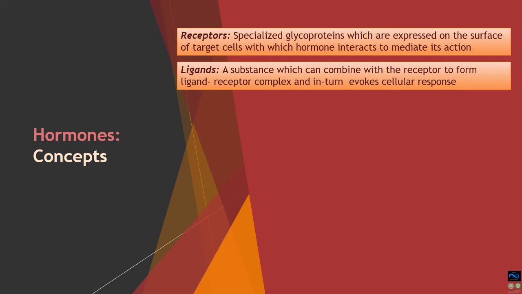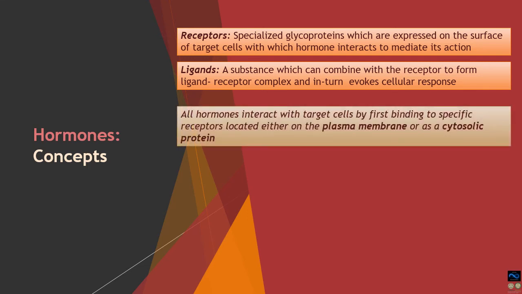Ligands are the substances which can combine with the receptor to form a ligand receptor complex. In biosignaling, ligands are hormones. So in order to elicit a cellular response, ligands or hormones have to bind to the receptor to form a ligand receptor or hormone receptor complex. All hormones interact with the target cell by binding to specific receptors, which are either located on the plasma membrane or are cytosolic proteins located well within the cell.